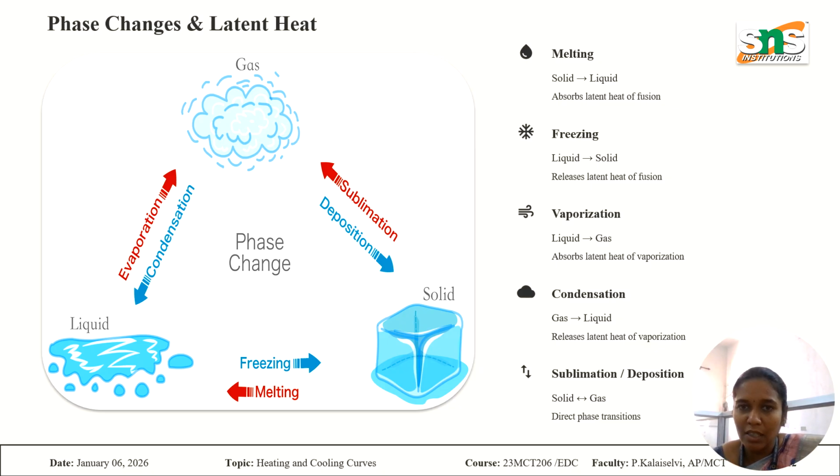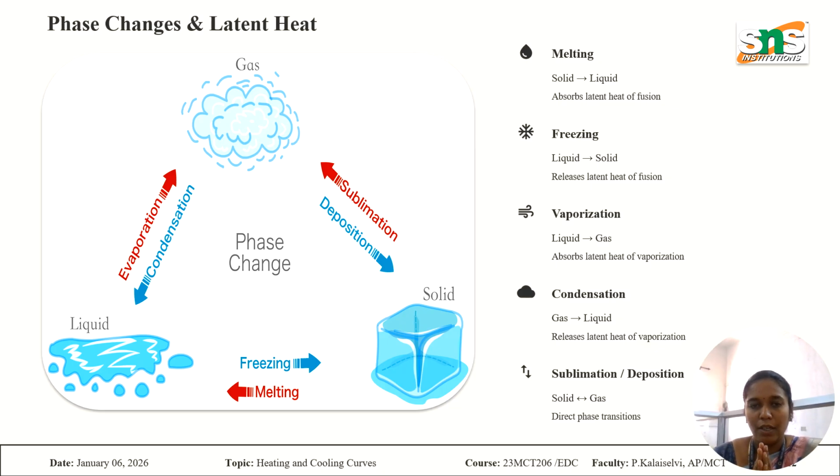Melting is solid to liquid, which absorbs latent heat of fusion. Freezing is liquid to solid, which releases the latent heat of fusion. Third one is vaporization: liquid to gas, which absorbs the latent heat of vaporization. Another one is condensation, gas to liquid, which releases the latent heat.